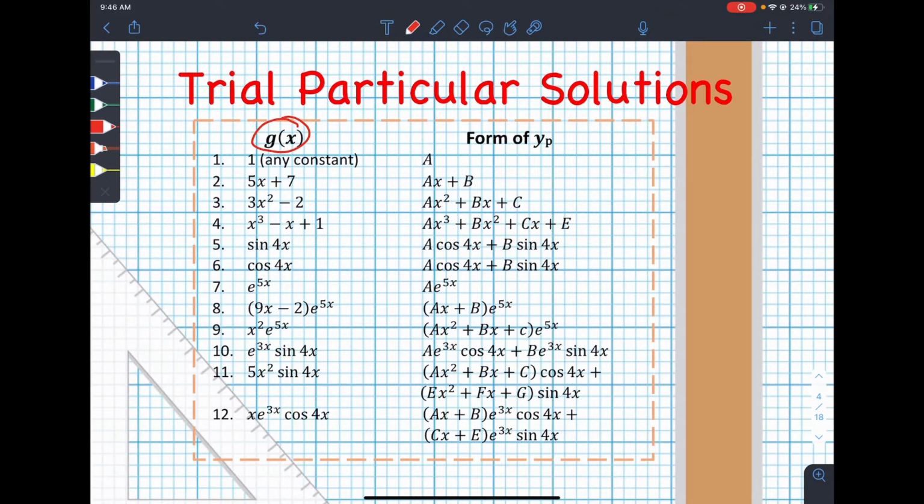As I've mentioned, this one comprises algebraic, so 1 to 4 are algebraic. And then we have this one, the sine and cosine. And the last one, we have the exponential. And the rest would just be a combination of the three.